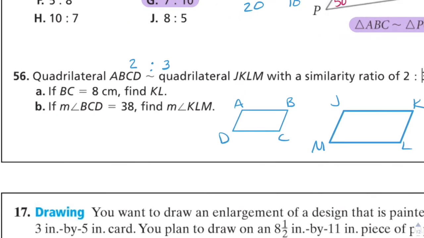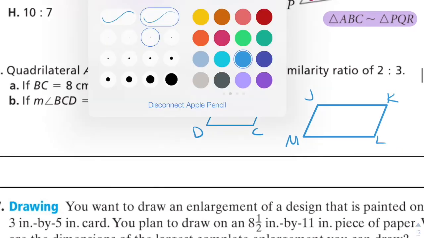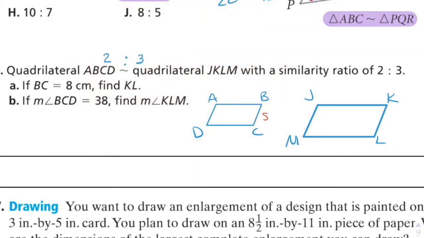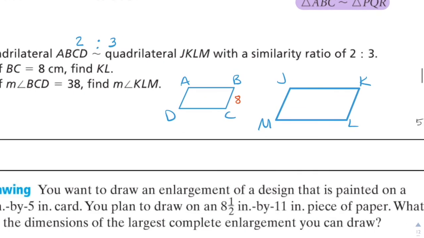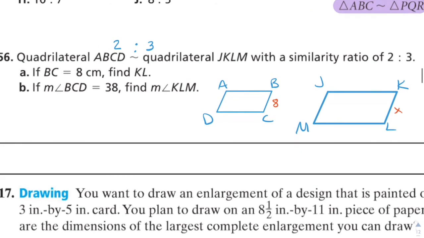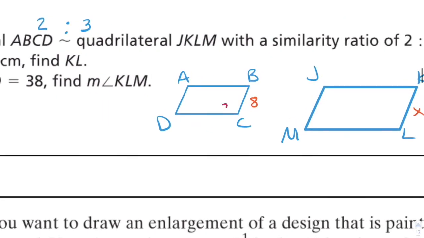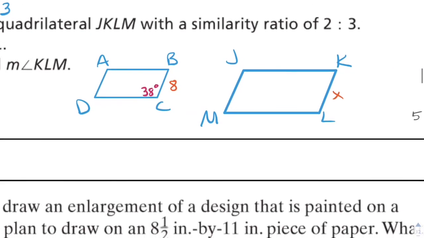And if BC is 8, it wants me to find KL. And then if angle BCD is 38 degrees, it wants me to find angle KLM.